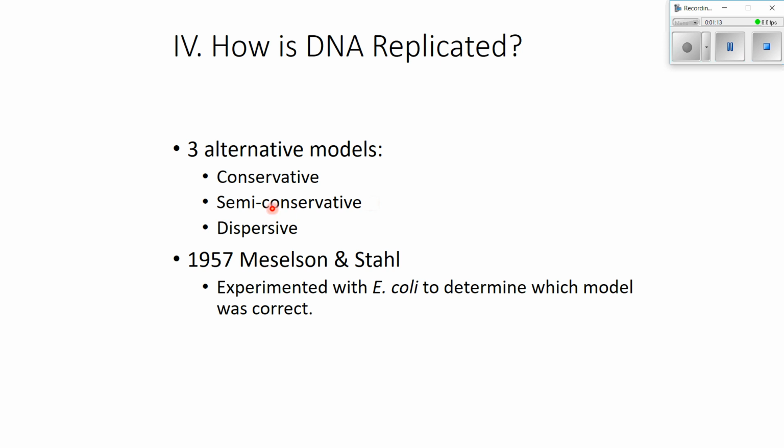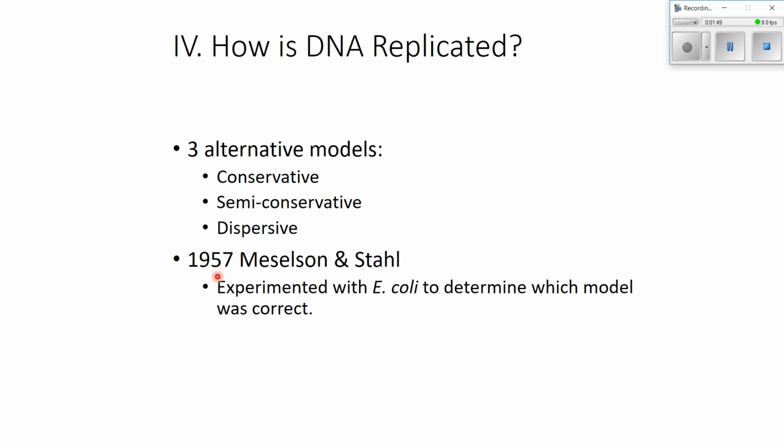But keep in mind, the semi-conservative model is the one that was preferred by Watson and Crick. It's the one that they thought was correct. The problem is they could not prove it. There was no way to prove that that is how DNA is really copied, and there were two other models, the conservative model and the dispersive model, which had been proposed by other people, and nobody really had a way to definitively prove which model was correct and which of the models was incorrect.